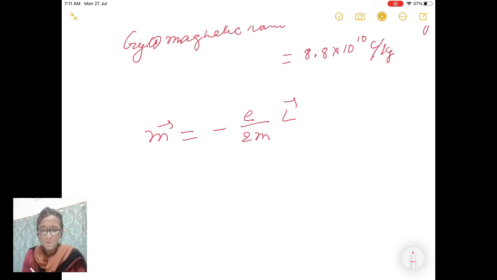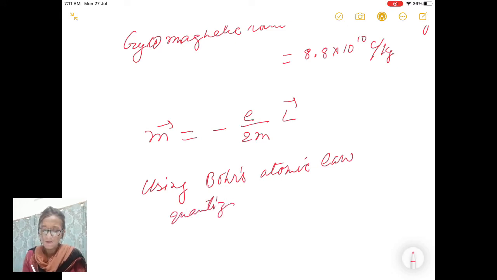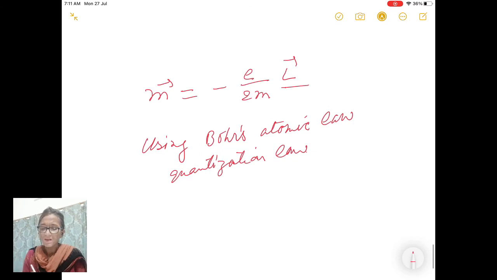And using Bohr's quantization law, this says that the angular momentum of an electron in an atom is equal to n h upon 2 pi.